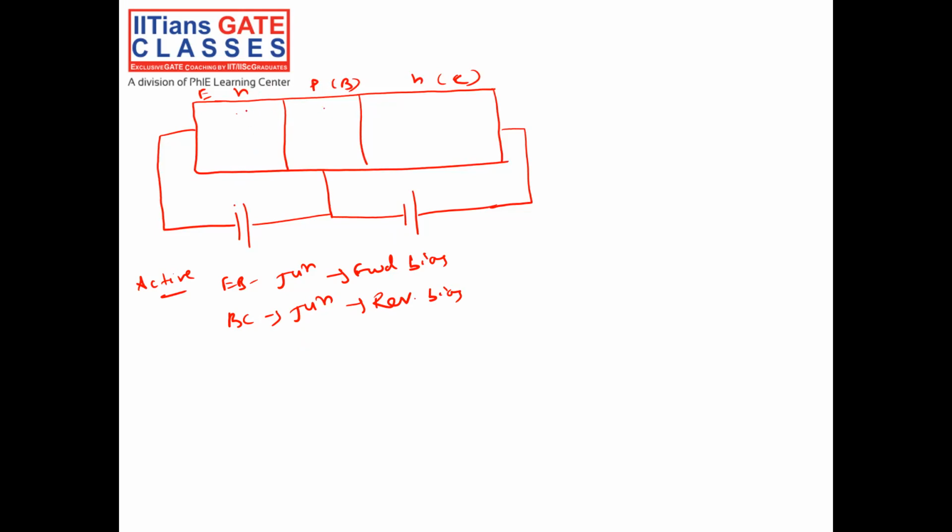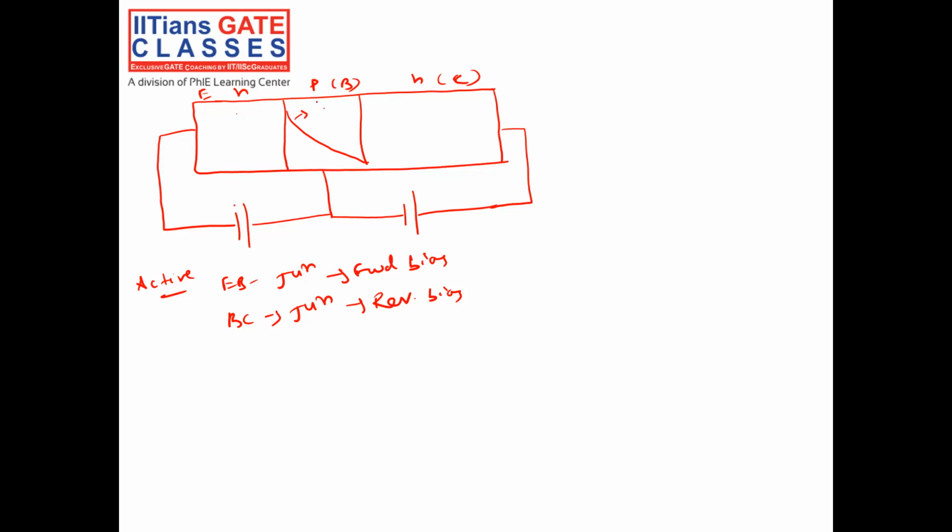Since there will be injection from emitter to base, they will be injected depending upon my input potential and also the doping in emitter, base, and collector. So if I want to draw the carrier profile, the electron profile in the base region, it will be approximately like this, because the electrons are injected from emitter to base.